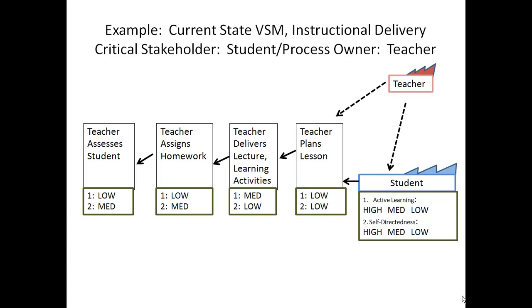And then in the end, the teacher assesses the student. Again, we have active learning for the student is low, but self-directedness is about medium. So let's just say that that's the current state value stream map. Again, metrics are based on what's important to the student. You're walking in the shoes of that critical stakeholder, applying the metrics all along the way to understand the process.